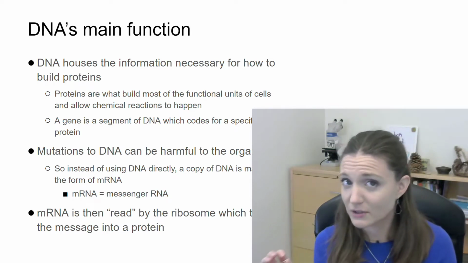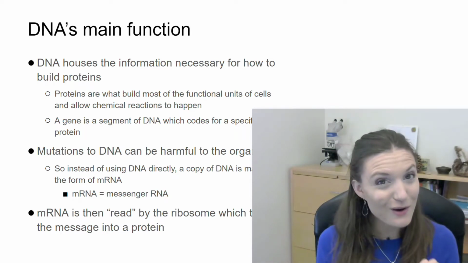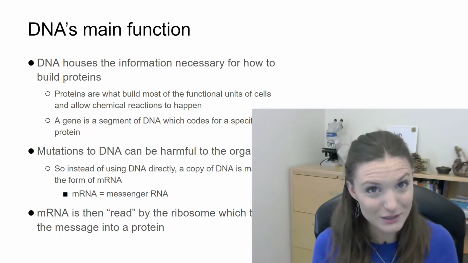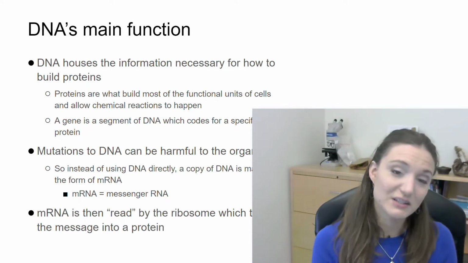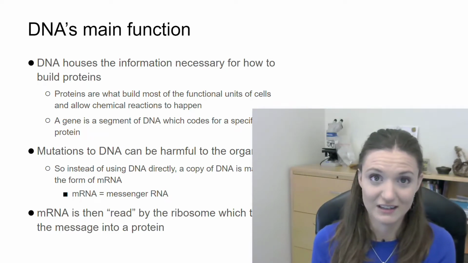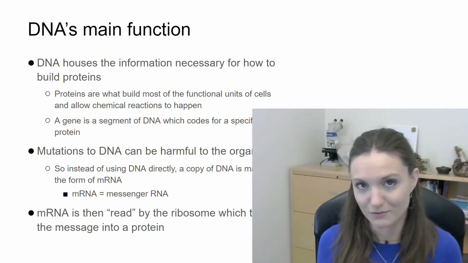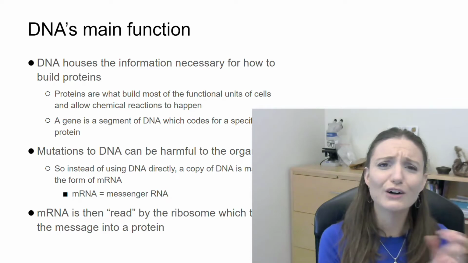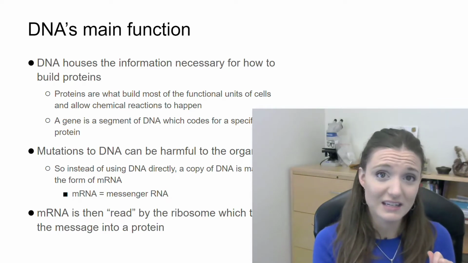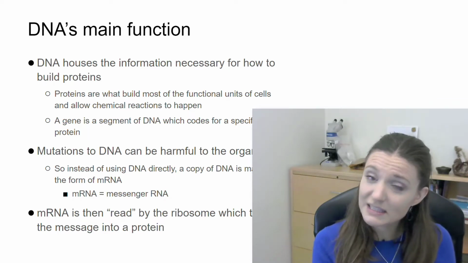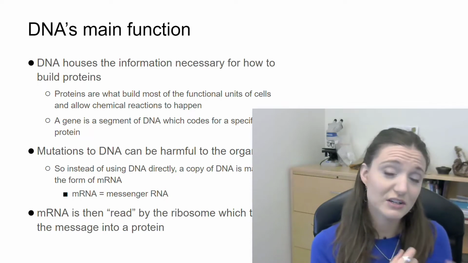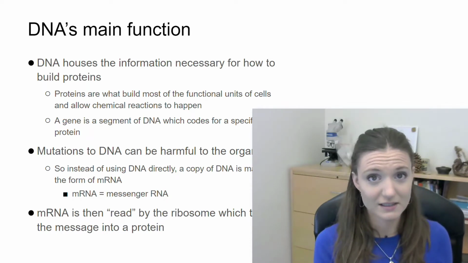A change to the structure of the protein, which, as we know, if you remember nothing else from this class, protein structure determines its function, right? So we change the DNA, that could result in the structure of the protein changing, which would mean that protein may not function properly, right? And so we call changes to the DNA sequences mutations. Okay, so mutations can be harmful to an organism.